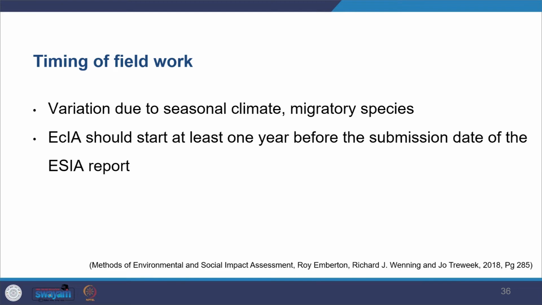It is usually suggested that when you are doing an ecological impact assessment, you should start 1 year before the submission date of the EIA report. So you would need at least 1 year to undertake the complete study.